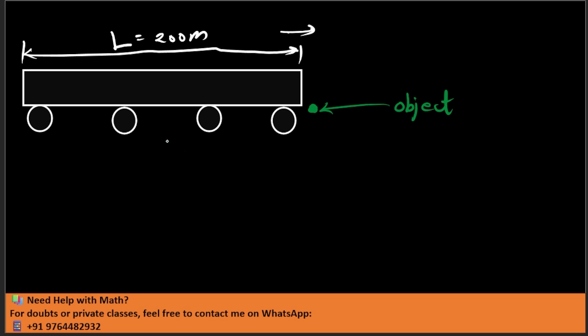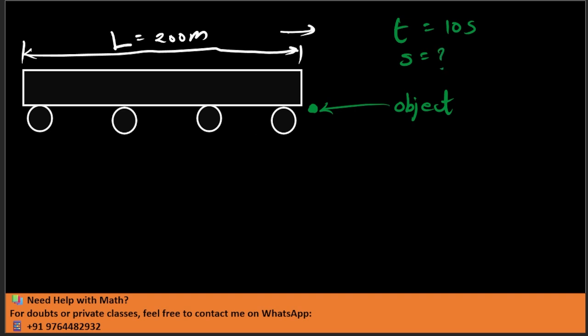Here I have a train having the length 200 meter, and let's say it takes 10 seconds to cross this object, and I need the speed.